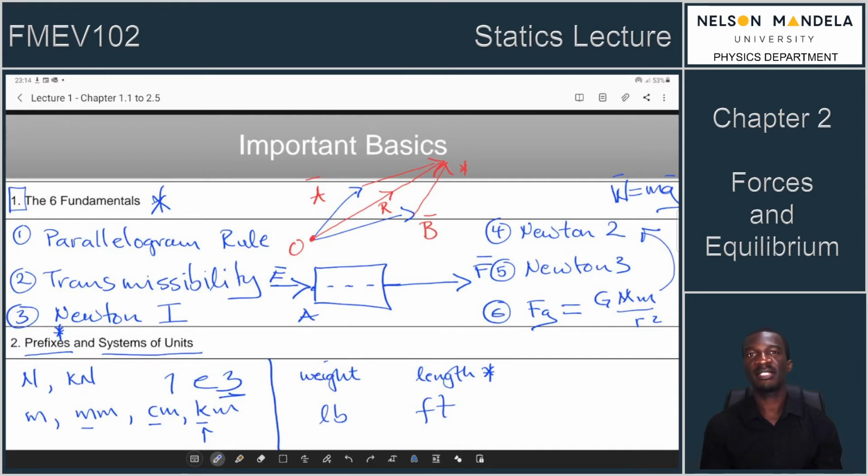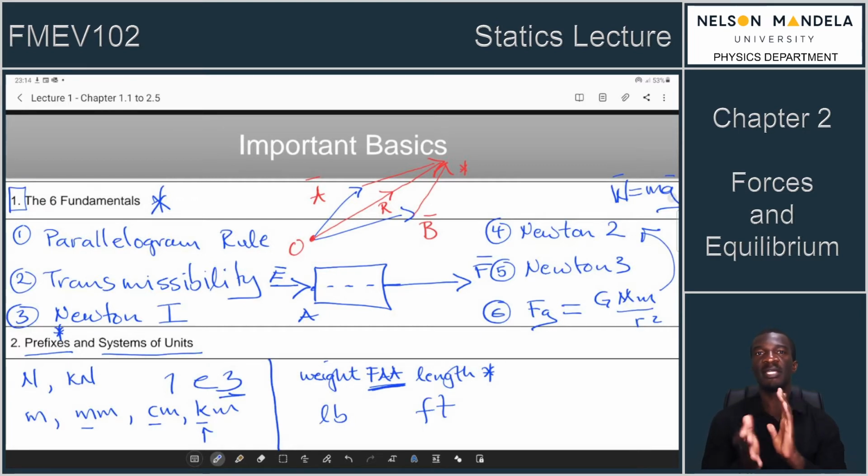You will notice that the average aircraft maintenance engineer or technician moves around with a tool tray that has tools that are both imperial and metric. The imperial system is the one recommended by the Federal Aviation Administration. So you will notice that their systems are all measured in what? In feet and pounds and so forth. So you need to be familiar with it.